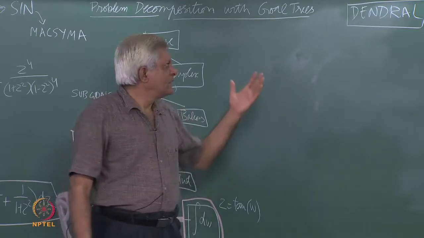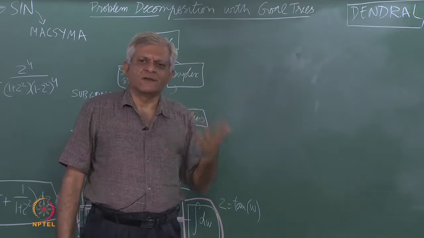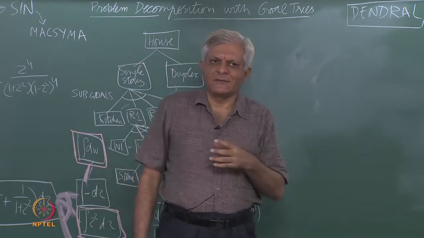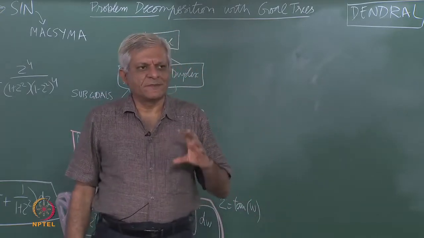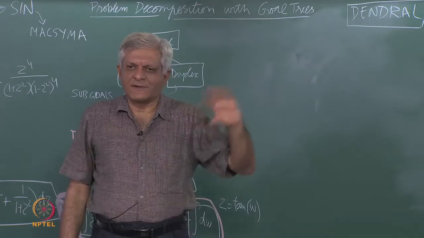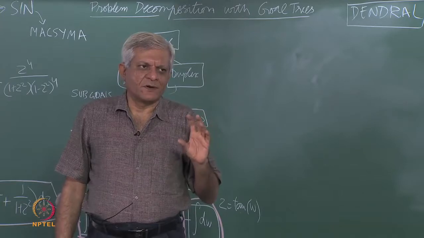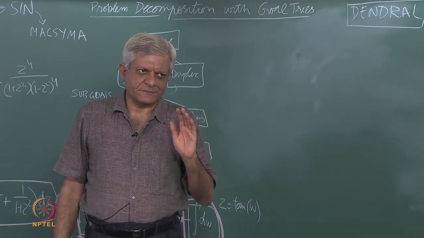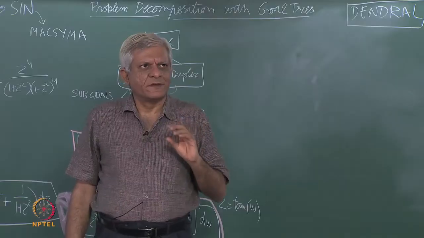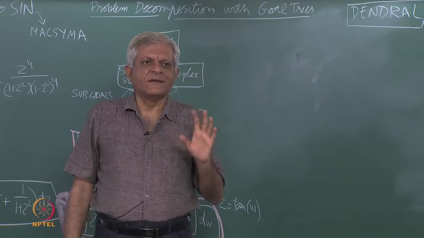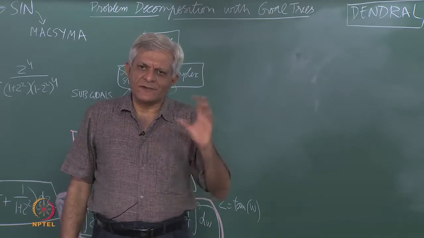So, apart from Dendral, in the introduction we might have mentioned things like Prospector, which was an expert system to prospect for oil or minerals and so on. There was a program called R1, which was also at Stanford I think, which was used to configure VAX systems.